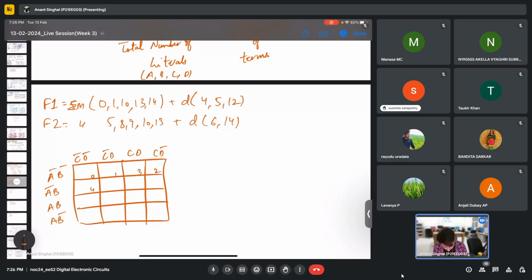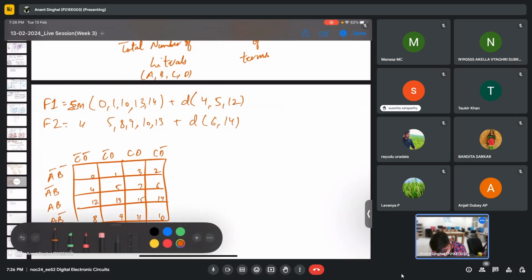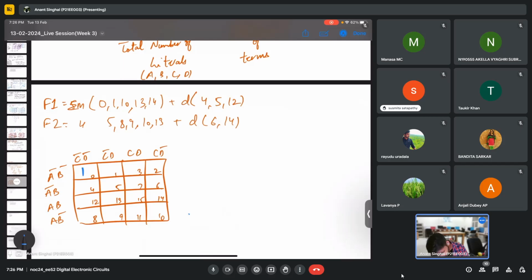If you have got the answer already, let me know the answer, the minimized expression. So it is 0, 1, then I have a 10, 13, and a 14. Don't care is 4, 5, and 12. 12 is over here.